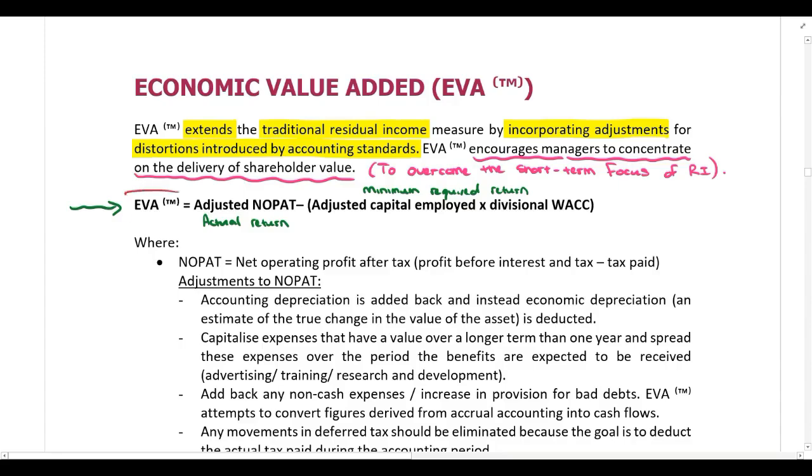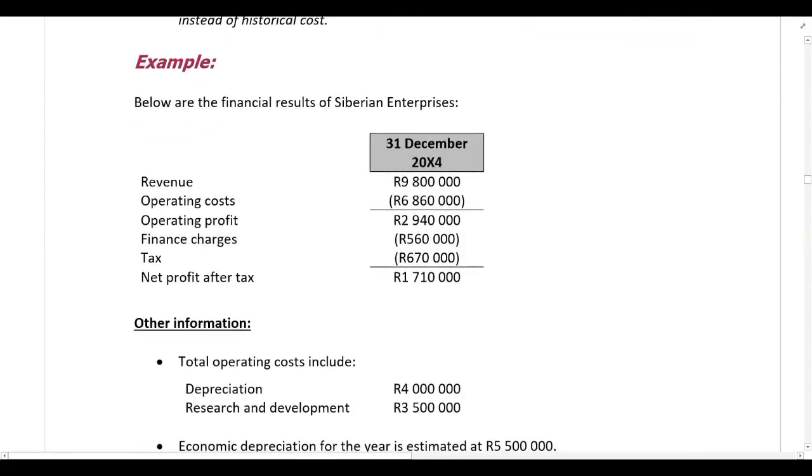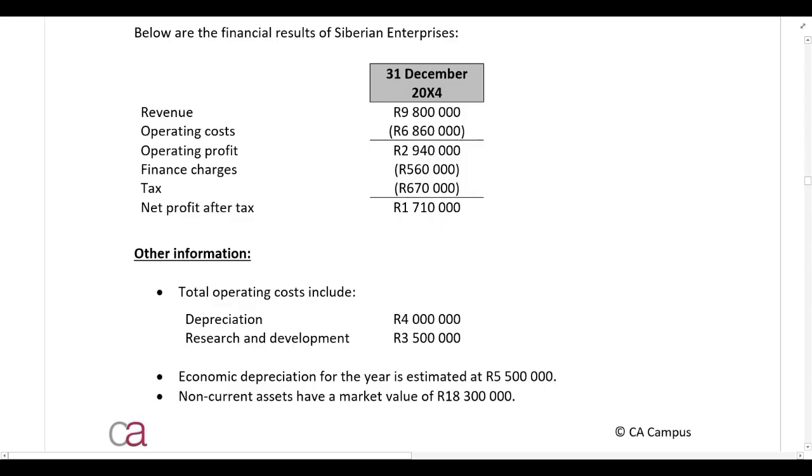Now, I want to show you how to perform this calculation by working through the example below. So below we have the financial results of Siberian Enterprises for the 31st of December 20X4. We have their revenue, operating costs, operating profit, finance charges, tax, and their net profit after tax. We then have some other information. The total operating costs include depreciation of 4 million rand and research and development of 3.5 million.